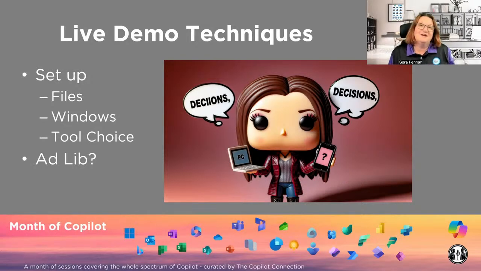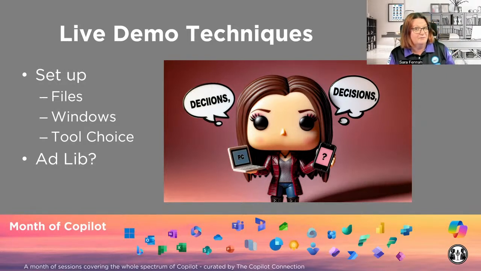So when we're going to do our live demos, you need to decide which tool you're going to use. There's multiple ways of doing all sorts of different things with all of the different tools that we work with day to day. So if I think about Microsoft Copilot, do I demo through the Windows app for Copilot? Do I demo through copilot.microsoft.com?